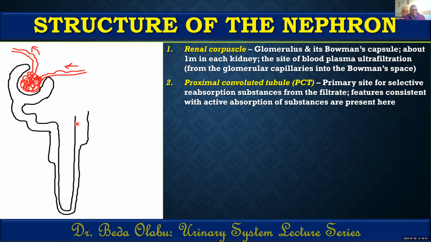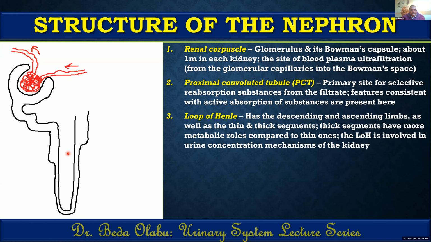So the thick ascending limb just begins from down here, and I'll tell you which type of nephrons have that kind of structure. The structure of the thick ascending limb is similar to the structure of the DCT. So those are the segments of the loop of Henle.